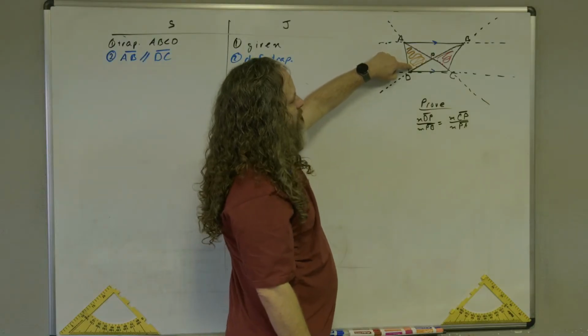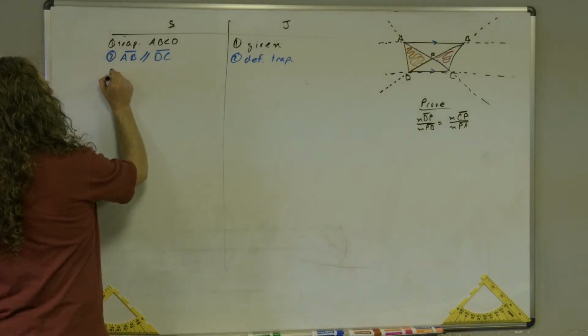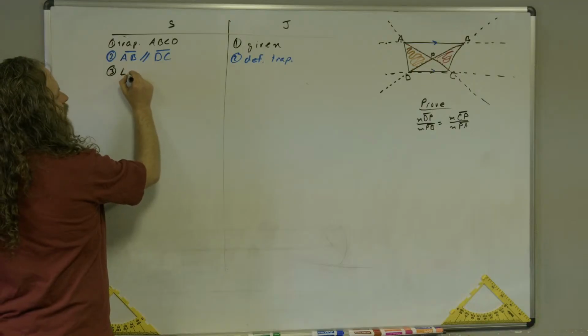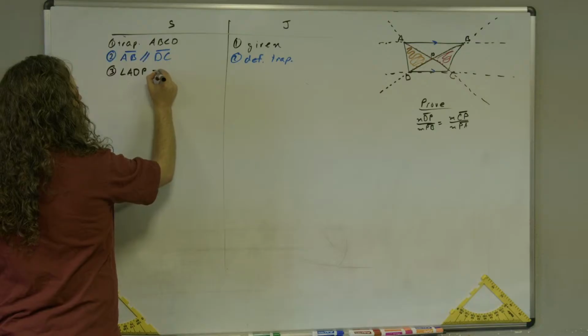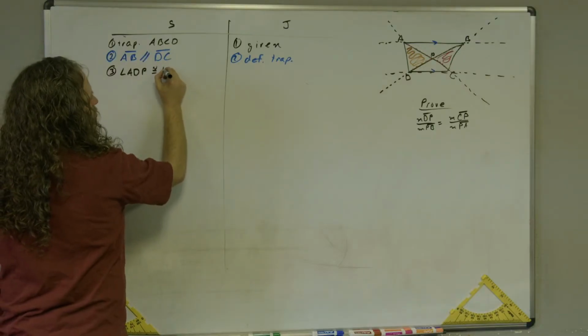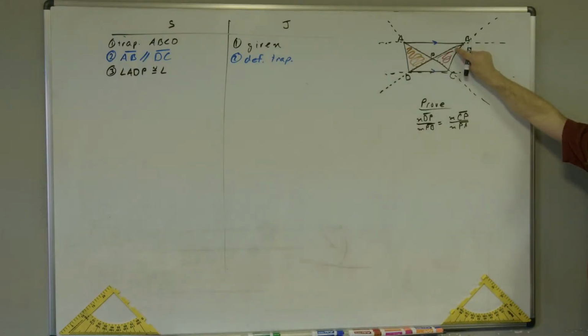ADP or ADB, either one of those would be great. So, angle ADP is congruent to angle, and what would this one be called? CBP.